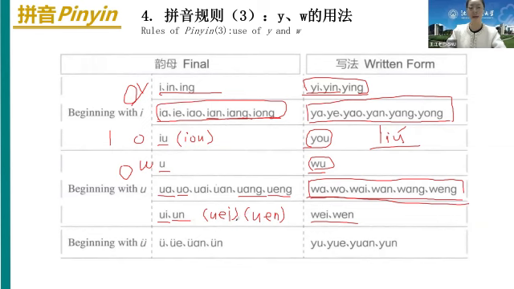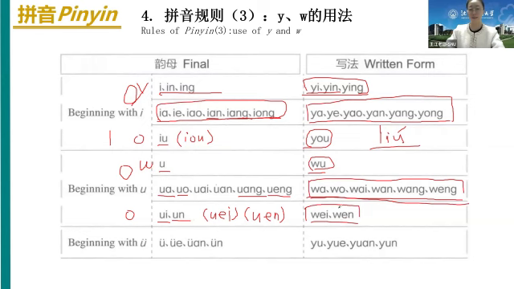So if there is no initial in front of the 2 finals, we just turn the letter U into W because there are 2 or 3 vowels in the finals, right? So that's where the written form comes from, wei, wen. So do you understand?